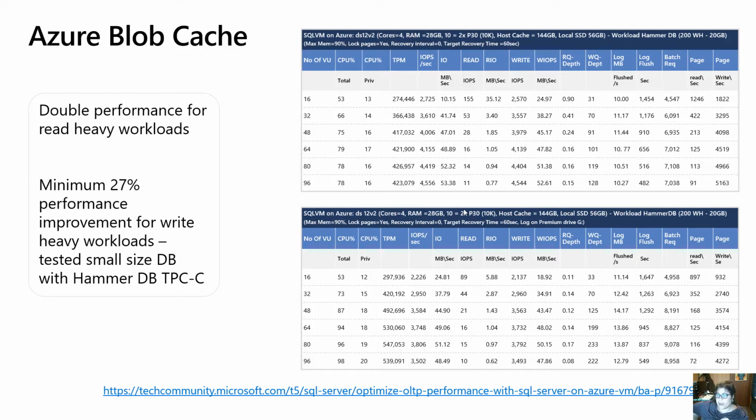Even for write-heavy workloads, you're probably still going to see benefit from that read-only cache. Some of the numbers that you see on the slide here are from some benchmarking that was done using HammerDB with TPCC. And you can actually get quite good throughput, but the key is making sure that you're sizing appropriately, using the right disk, using premium or ultra, and leveraging that read cache.